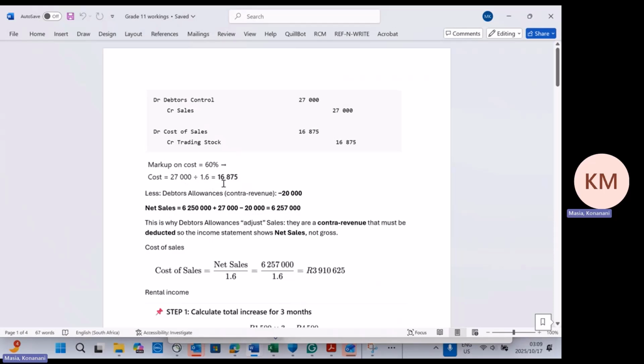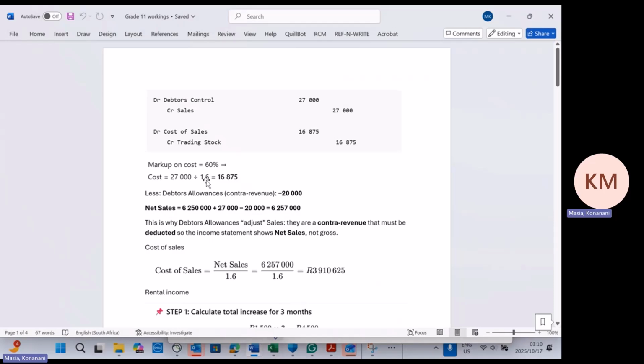Therefore, to go back to a cost is 27,000 multiplied by 100 over 160. The other easy way to calculate, you just say 27,000 divided by 1.6. 1.6 is 1, which is 100%, plus also 60%.